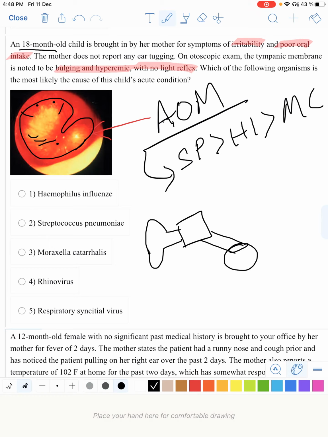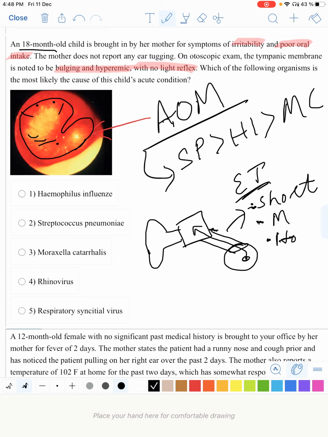So in children the anatomy of the tube is such that the infection from the nasopharynx can easily go to the middle ear, because the Eustachian tube is short, highly mucus producing, or the mucosa is thick, and it is more horizontally placed. So that's why the bacteria can easily go to the middle ear.